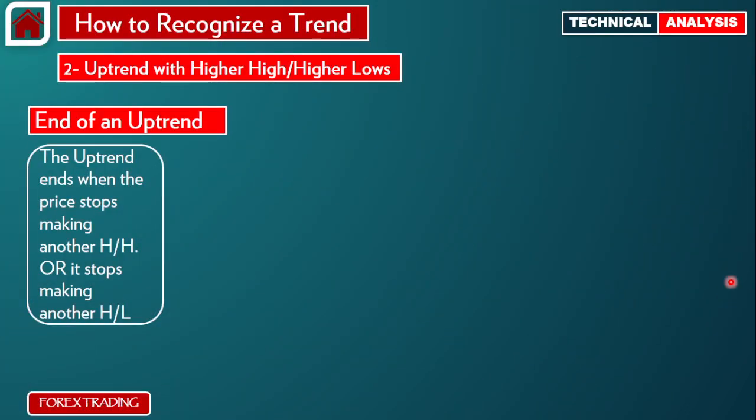Now, when do we see the end of an uptrend? The uptrend ends when the price stops making another higher high, or it stops making another higher low. Remember, in this scenario we are in an upward market or an uptrend.